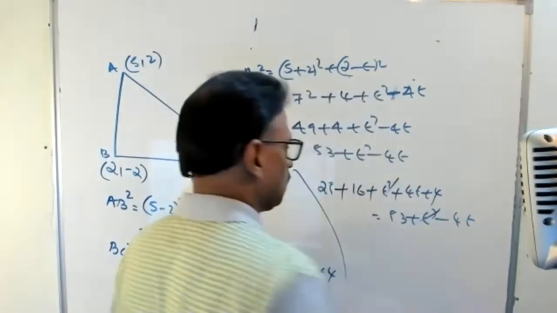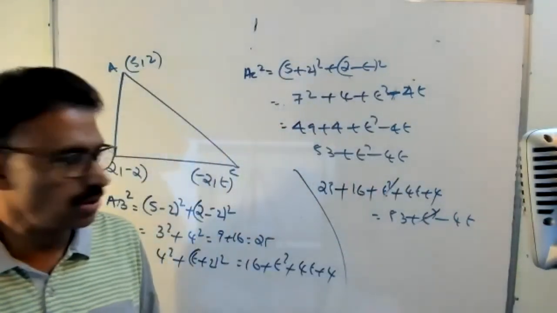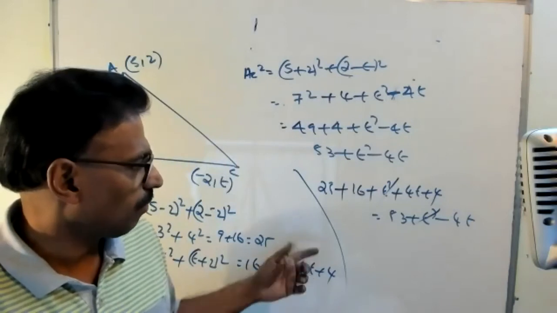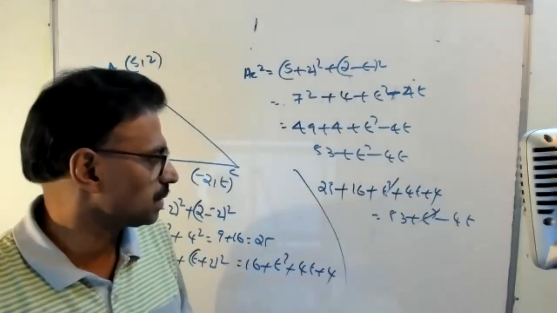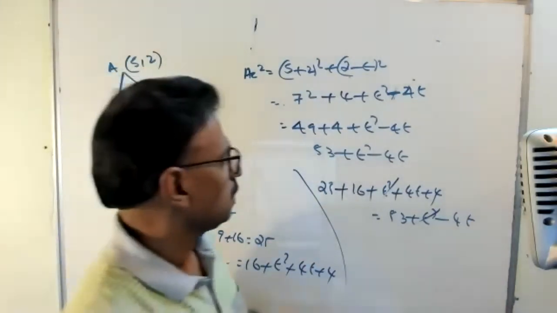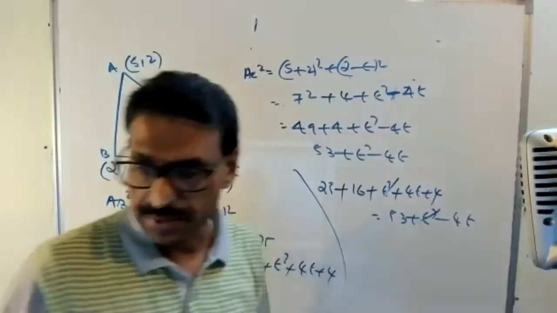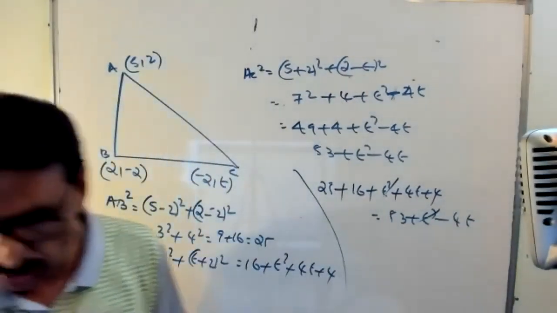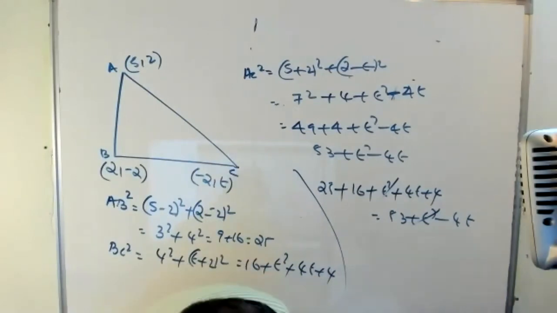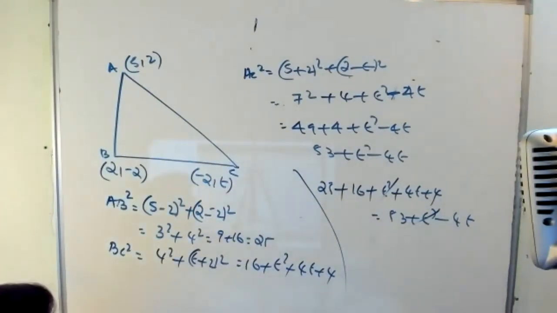T square cancelled, so there is no square, it is a linear equation. 25 plus 16, how much? Now you can complete it. T equals 1. Okay, the answer is t equal to 1. Check it now.